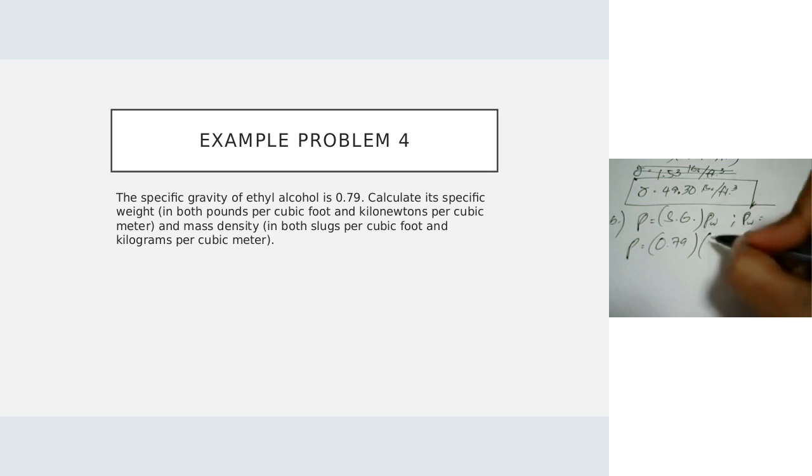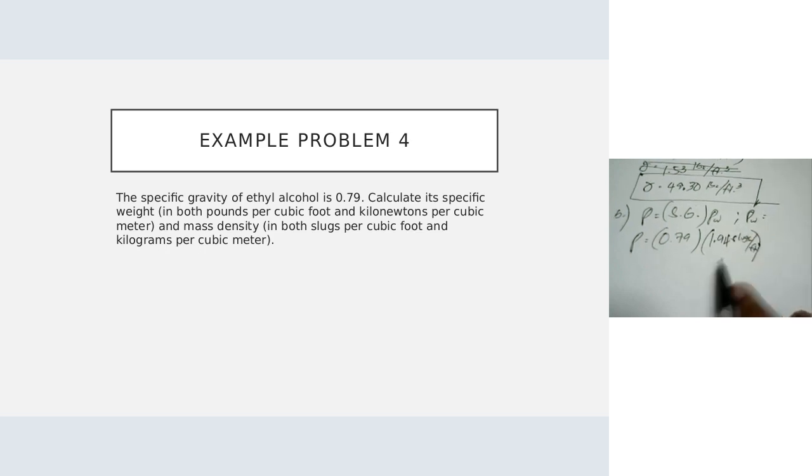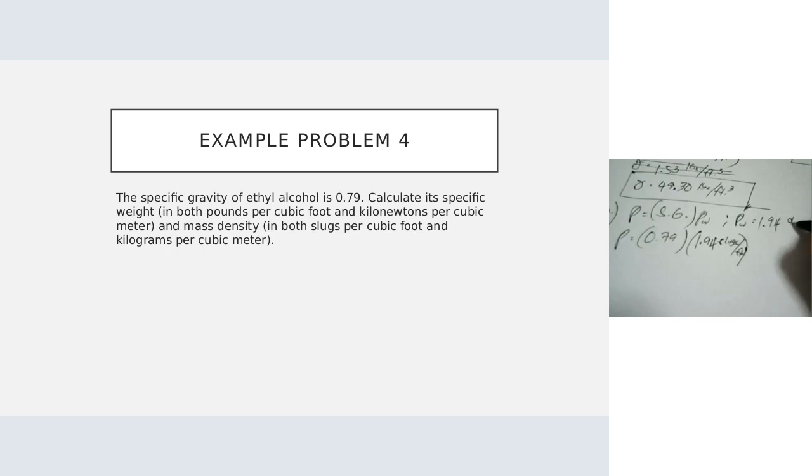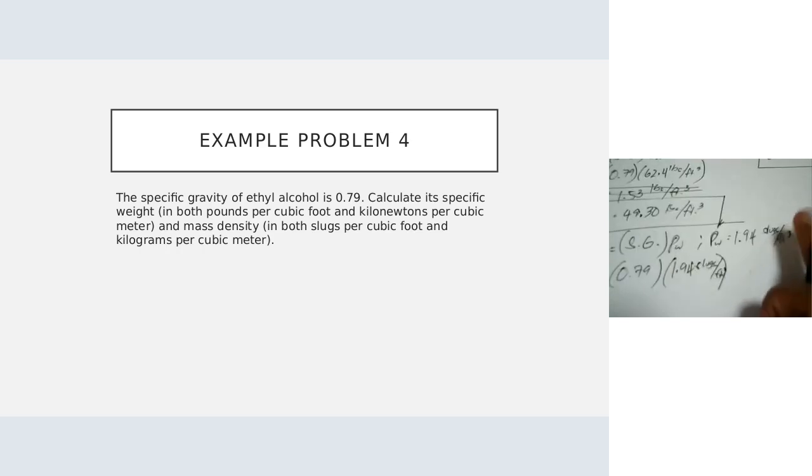Okay, it's 1.94. Again, this is a constant. 1.94 slugs per feet cube. That's the mass density of water.